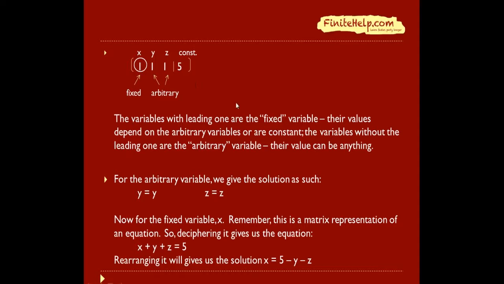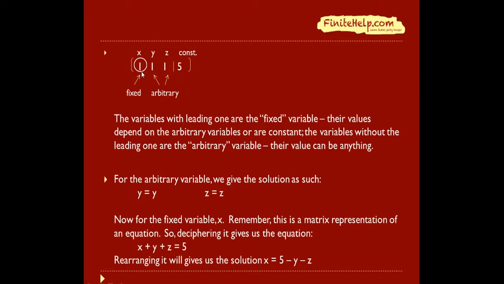So we have the fixed variable being the one with the leading one, and the variables without a leading one are arbitrary variables. Arbitrary means that they can be anything. And for the arbitrary variables, we're going to represent them like this.